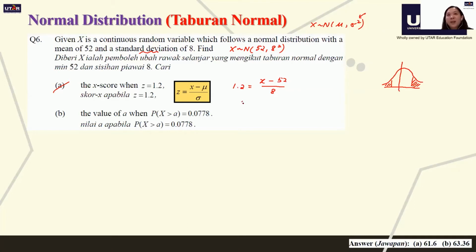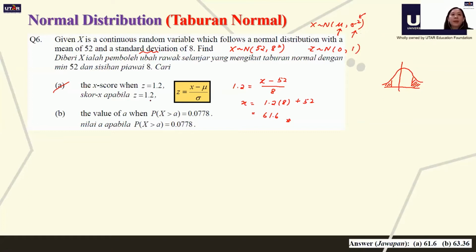Your X will be 1.2 multiplied by 8 plus 52, and you should get the answer 61.6. Just use the conversion formula to get the X value. Remember the difference between the X distribution and Z: X has its own mean and variance, but for Z, the mean is always 0 and the variance is always 1.